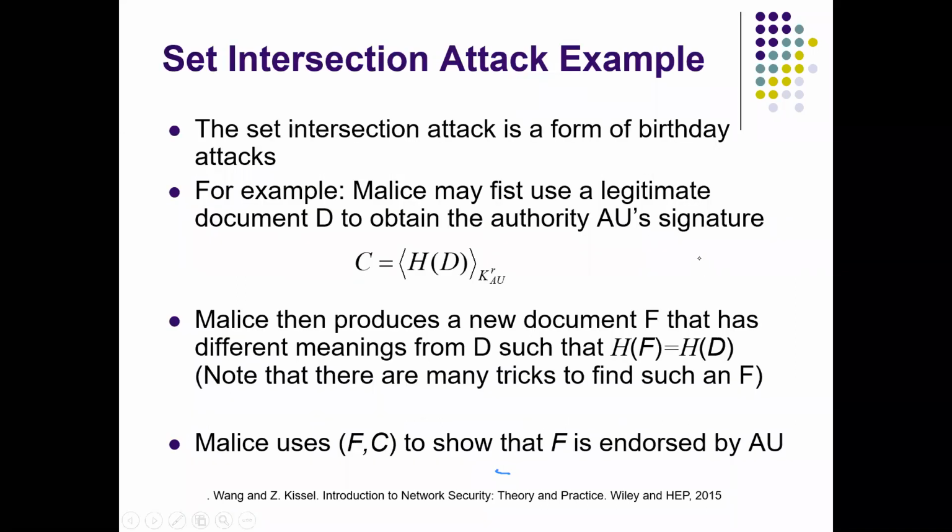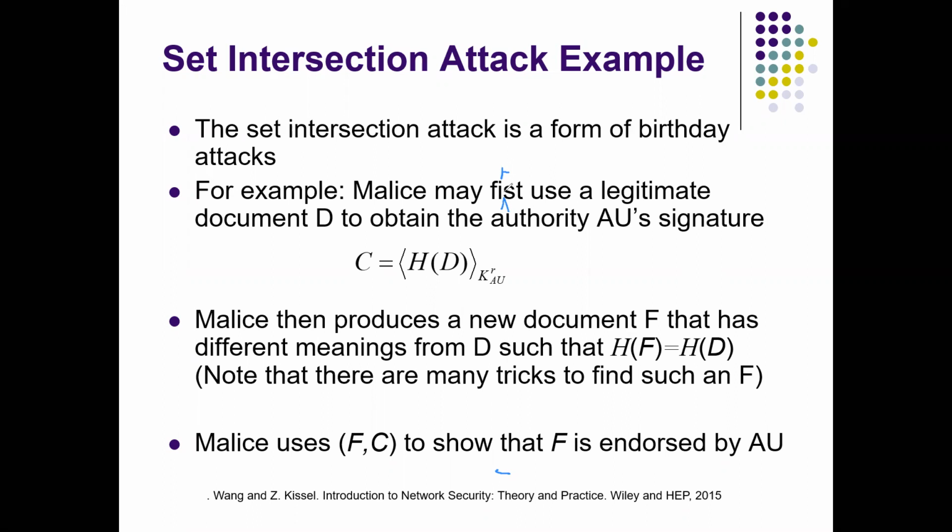Okay, now let's look at using set intersection to launch an attack on a document. Assume that Malice may first use a legitimate document D to obtain the authority's signature.